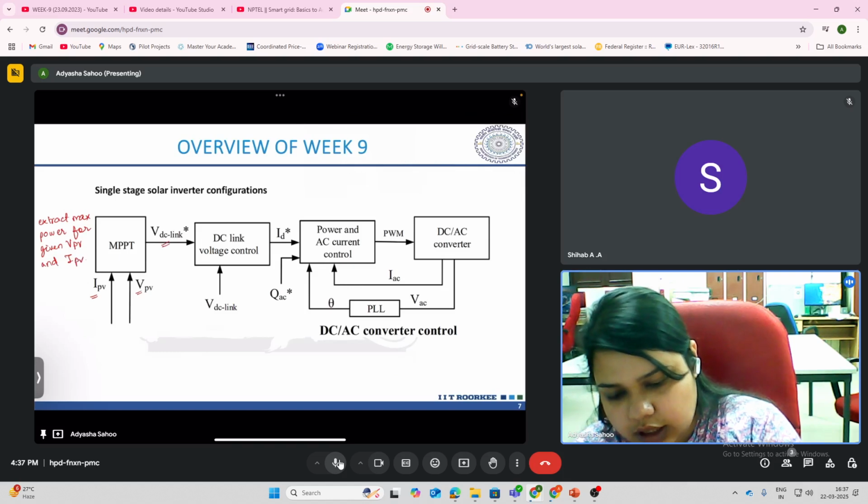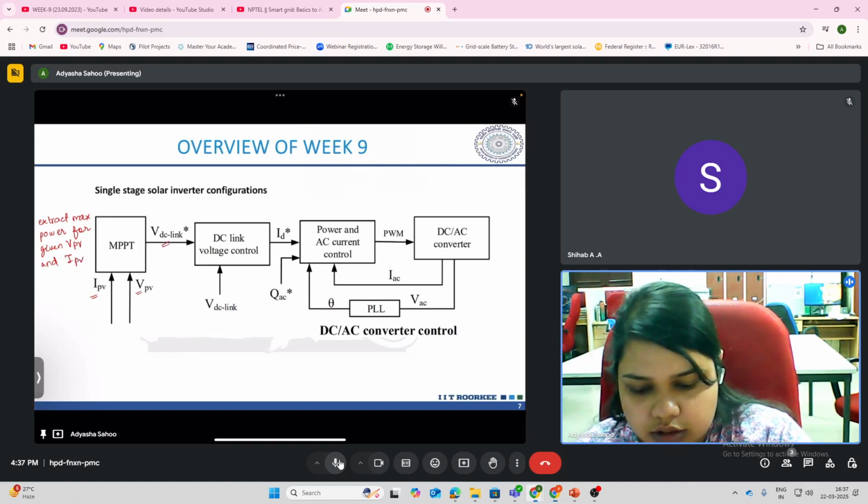So it will calculate that, and you will get the reference for the DC link voltage, VDC link star.